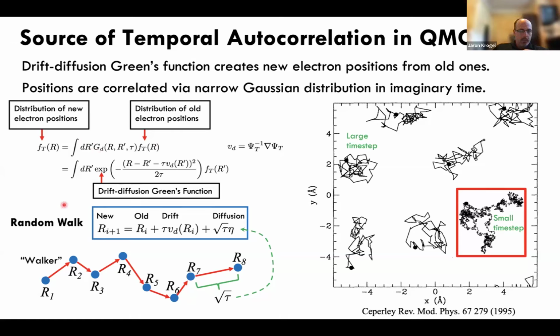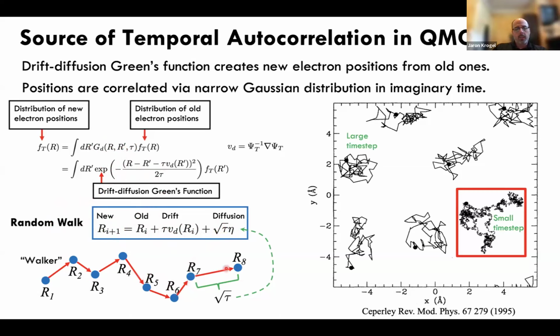And this chain of configurations in space is known as a random walk, where the new position comes from the old position with a linear drift term, linear in imaginary time, plus a diffusion term, a Gaussian distribution with width square root of tau, the imaginary time.